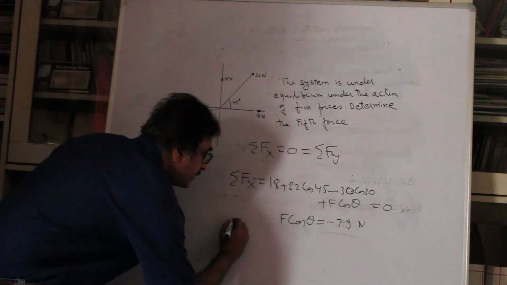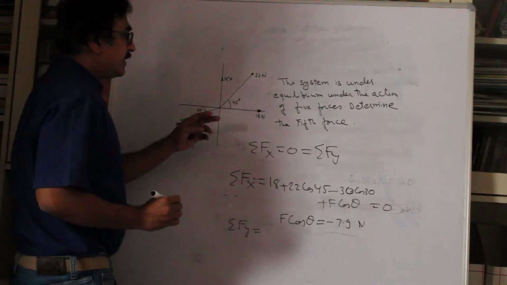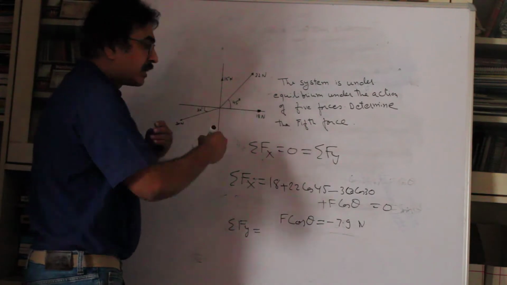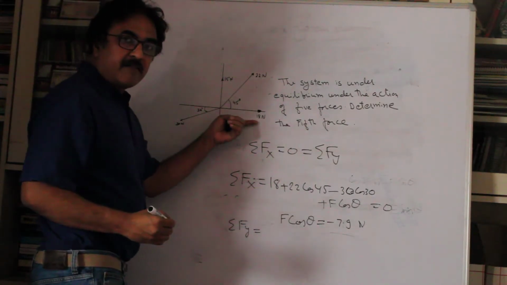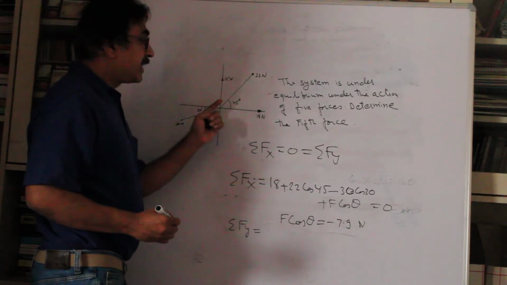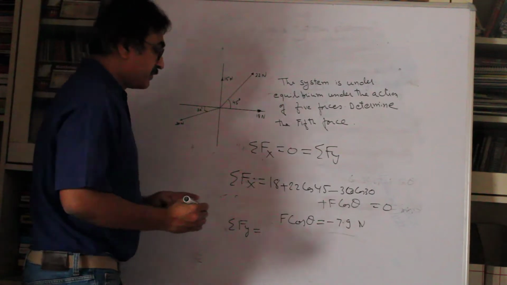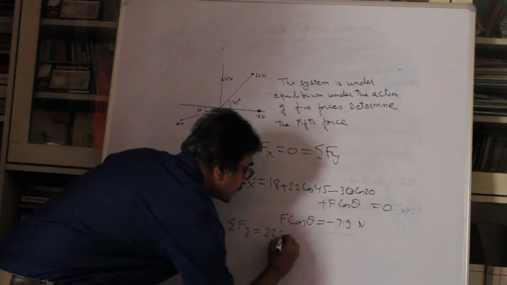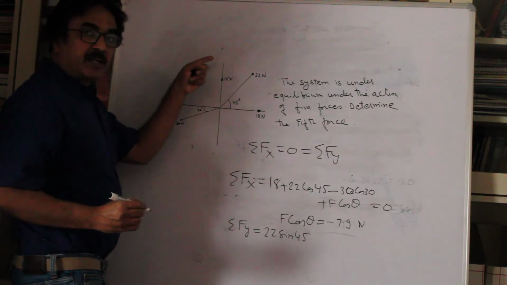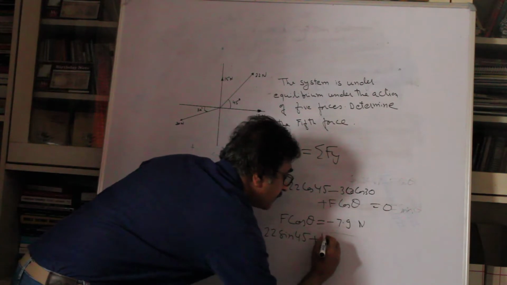Similarly, find out sigma Fy. When you find out sigma Fy, we start from 18 Newton and go counterclockwise. 18 Newton will not have any vertical component, leave that. 22 Newton, resolve vertically, it will be 22 sin 45, and it will be positive. So 22 sin 45, this will be added, because this is already in the vertical positive direction, plus 15.